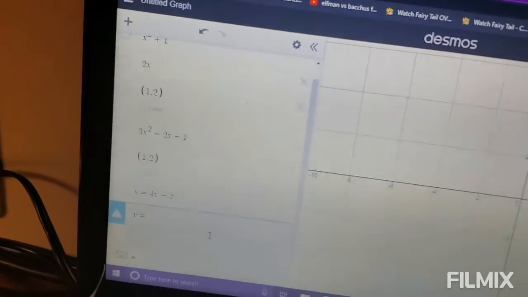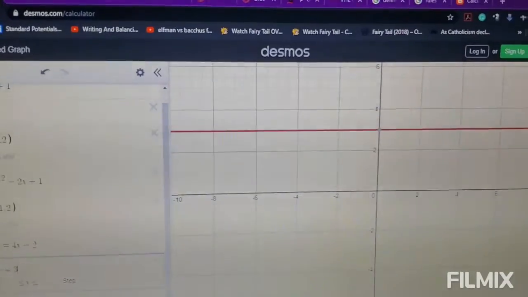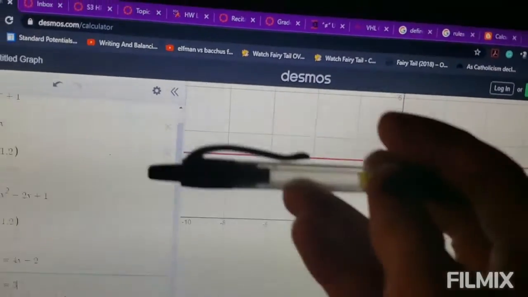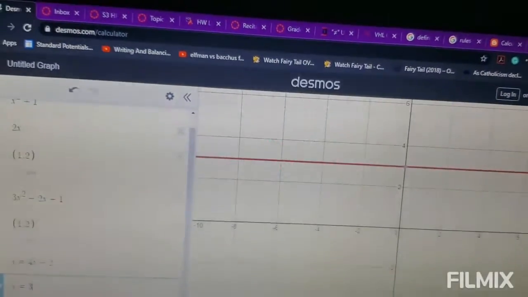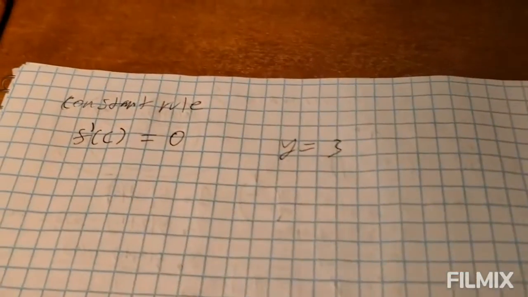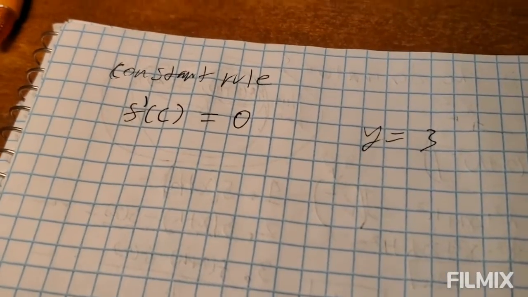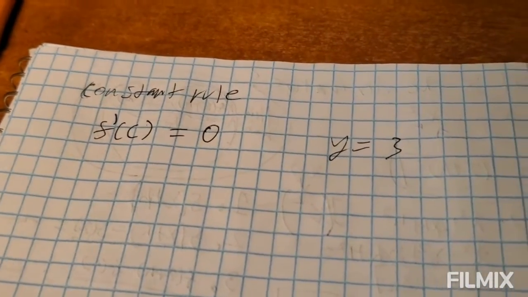Y equals 3 is just a horizontal line. And what's the slope? 0. The slope is horizontal, so there is no slope. That's why the derivative of that is 0, because the slope of the tangent line at any point on that graph is going to be 0 because it's horizontal. So that's an easy rule.